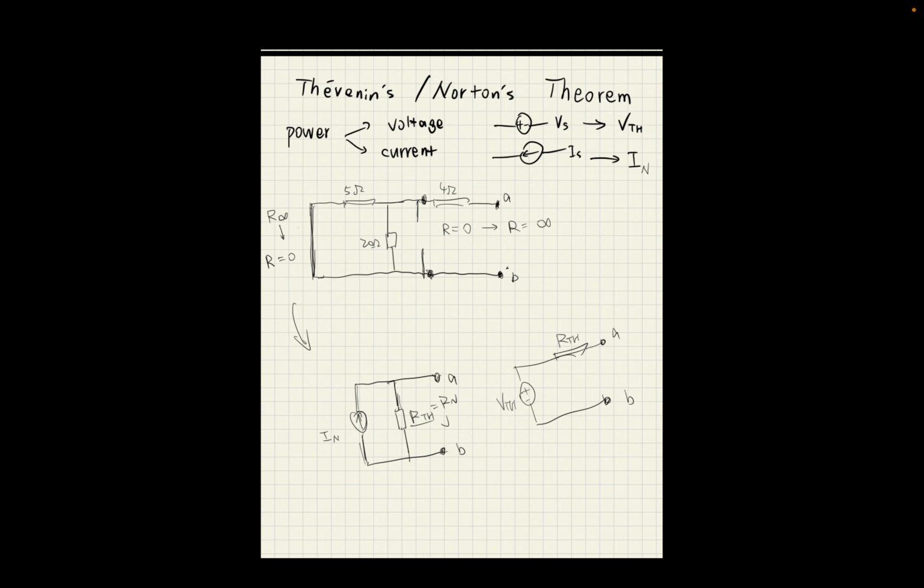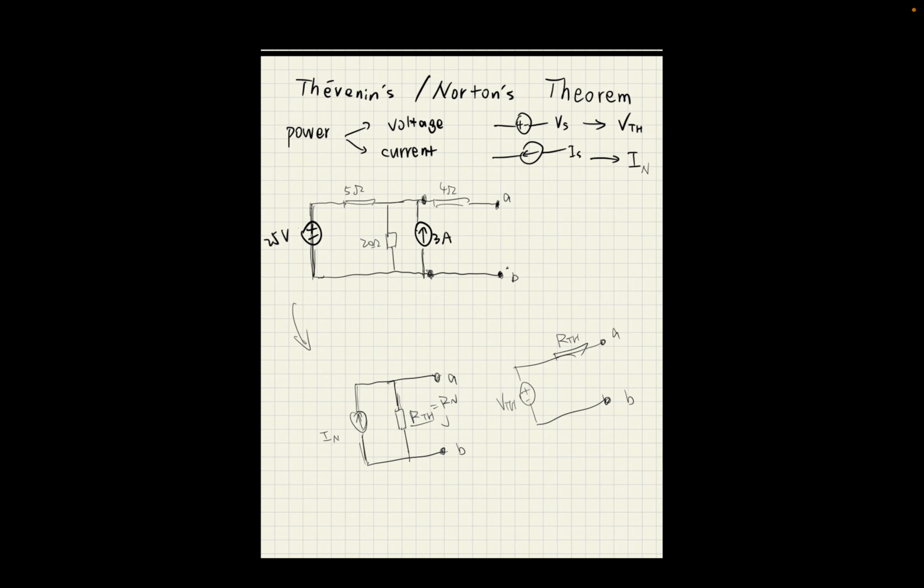How do you do that? It's pretty much the same, but with a little difference. So we recover the original circuit. This is the V, right? The source was 25 volts, and this was 3 amperes.